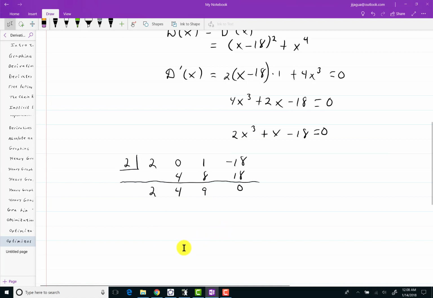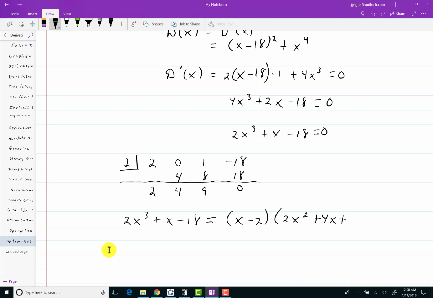But it tells me something more. 2x cubed plus x minus 18 is the same thing as x minus 2. And underneath the third row of the synthetic division gives the coefficients for the other factor. That's 2x squared plus 4x plus 9.